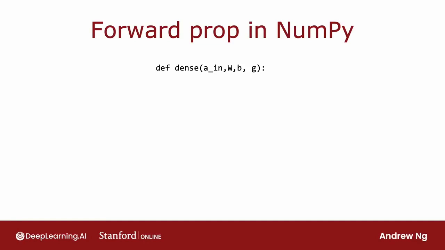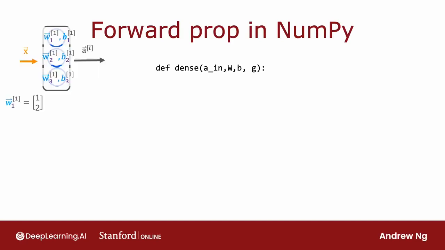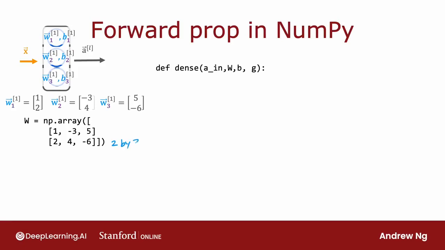Using the example from the previous video, if layer 1 has 3 neurons, and if w1, w2 and w3 are these, then what we'll do is stack all of these weight vectors into a matrix. This is going to be a 2 by 3 matrix, where the first column is the parameter w1_1, the second column is the parameter w1_2, and the third column is the parameter w1_3.